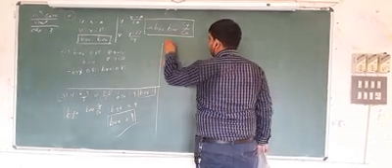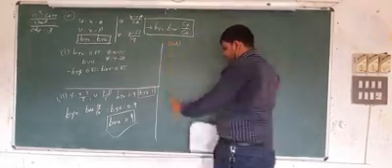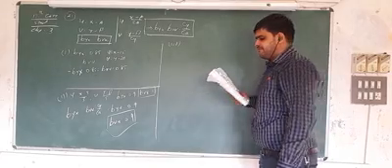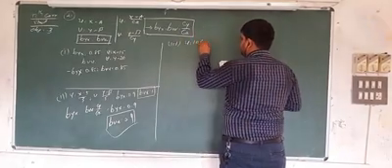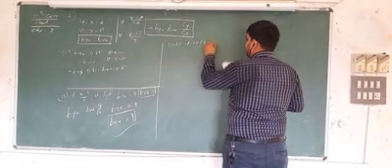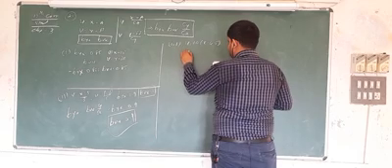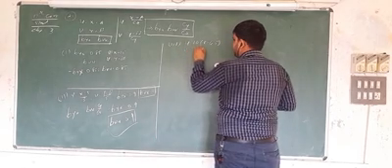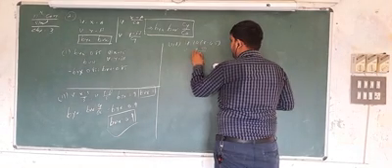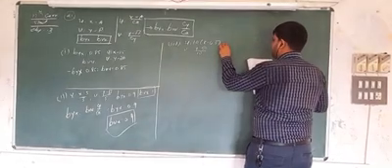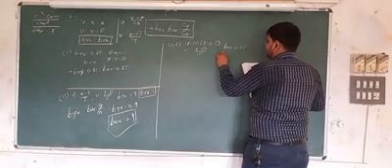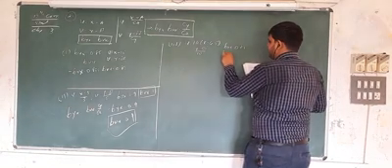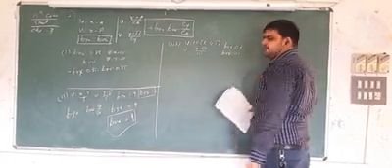Now number 3. What is the third one? If u is equal to 10 minus x into 4.5, v is equal to y minus 50 divided by 10, and byx is equal to 0.25, we have to find bvu.